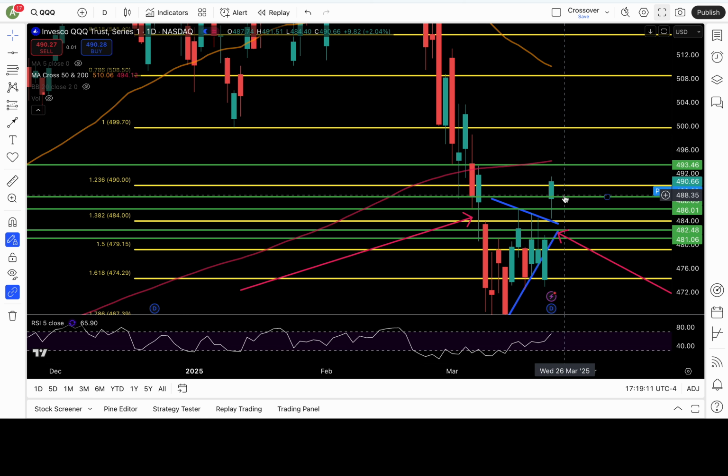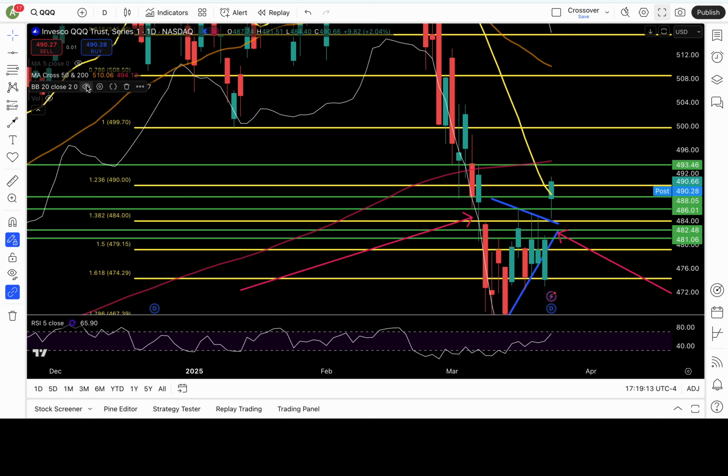And then breaking down 488, I think the 20 daily moving average is around 488-ish. It's still sloping down. So breaking back below the 20 would put 486, the fib level 484 or lower in play. Gap fill is around 481-ish. And I tell you, if it fills and it breaks down, the island reversal is canceled. Okay? So we got the bull case and the bear case, guys.